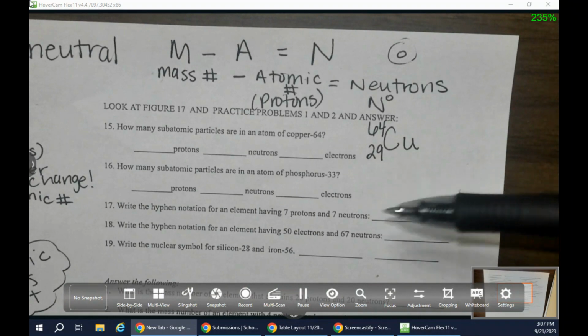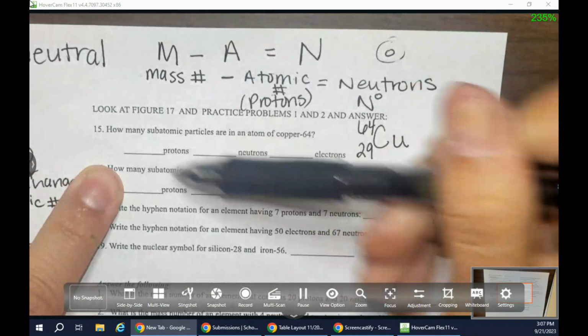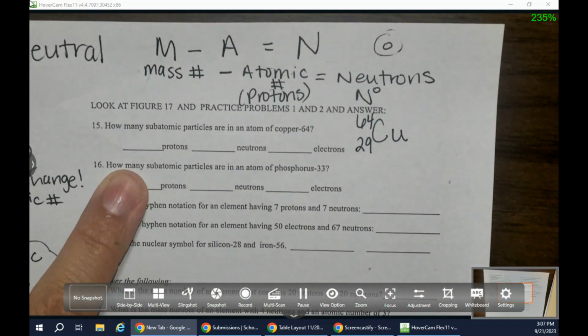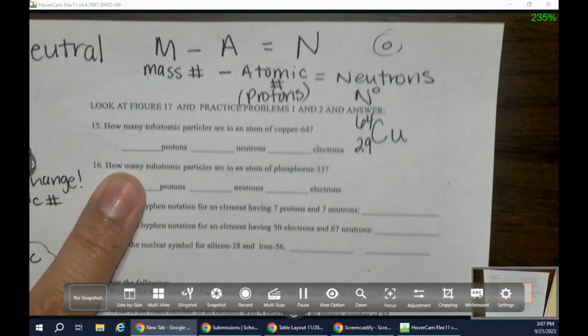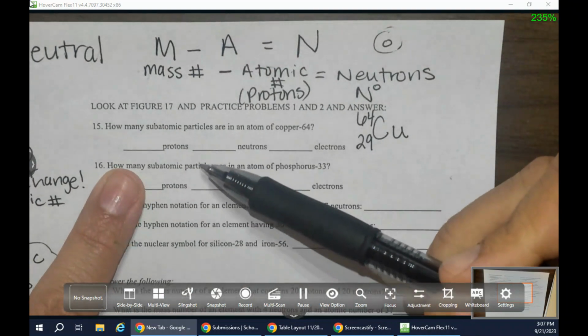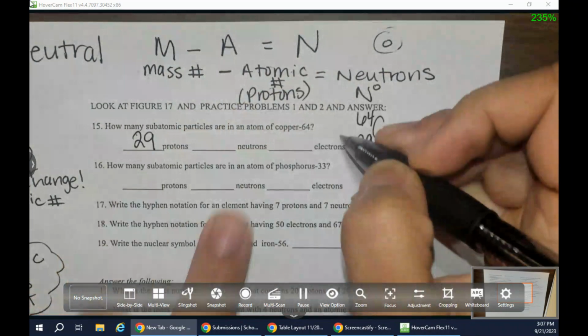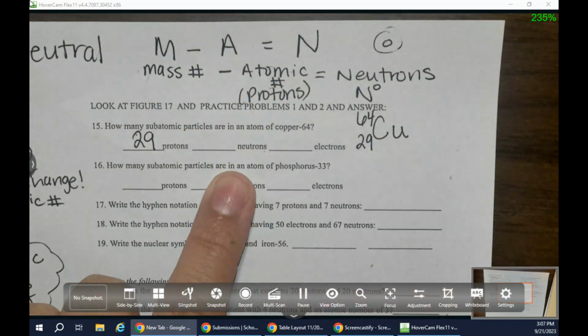So let's go answer these now. How many protons does copper 64 have? You're doing a great job. How many protons, you guys? 29. Good. Your atomic number. How many neutrons do we have? How do we get neutrons?